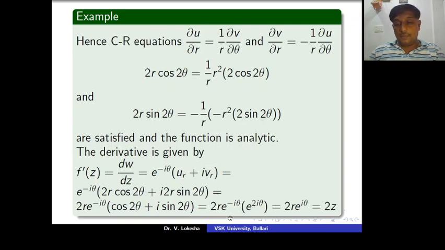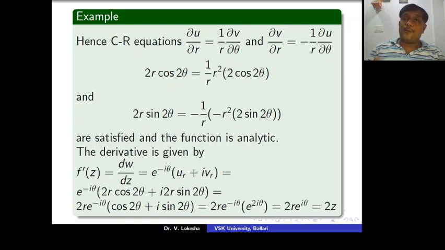Then you know that a power m into a power n is equal to a power m plus n. Here also e power minus i theta plus 2i theta means you get e power i theta, that is 2 into r e power i theta, that is 2z. You get the same result whether you do it by Cartesian form or polar form.